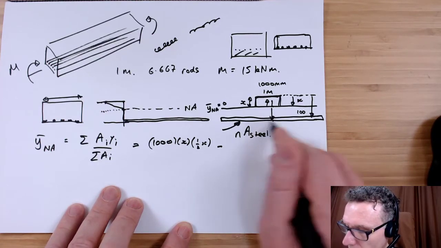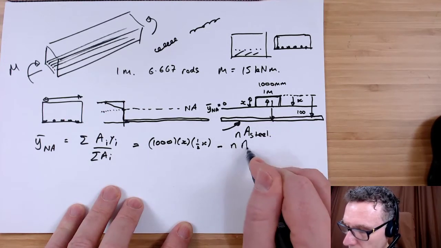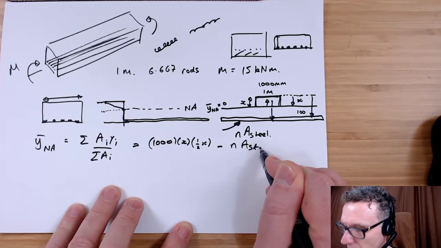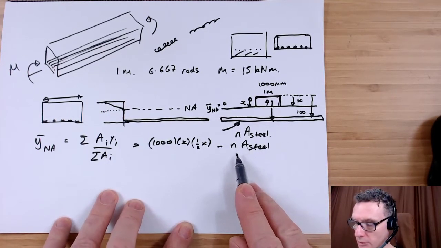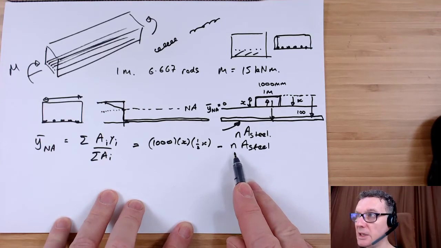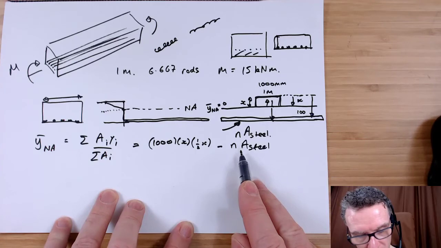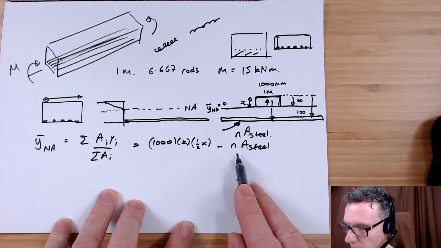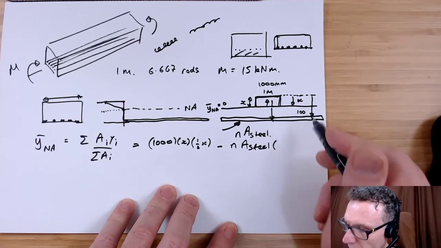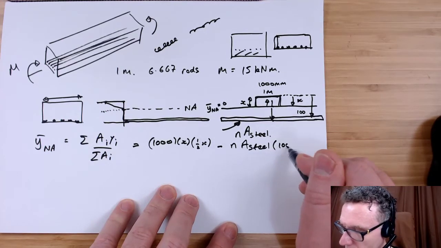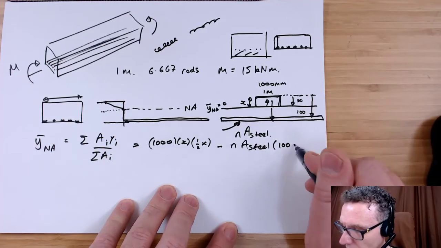The area of this section of concrete is defined as n times the area of the steel. What we're relying on here for my other approximation is that n is going to be very large. Well, it's not crazily large, but it is quite large. Multiplied by 100 millimeters, which is to get from here to here, take away x.